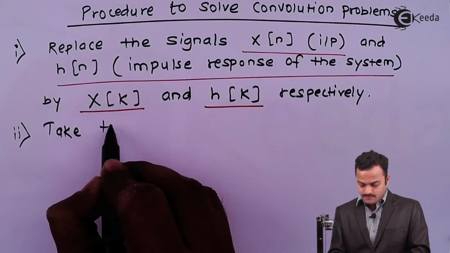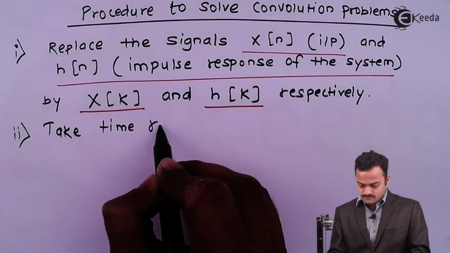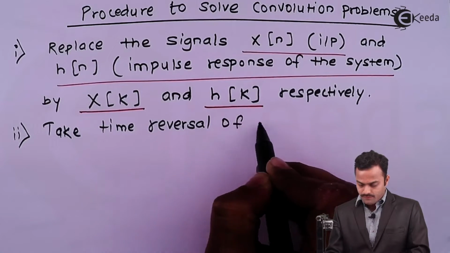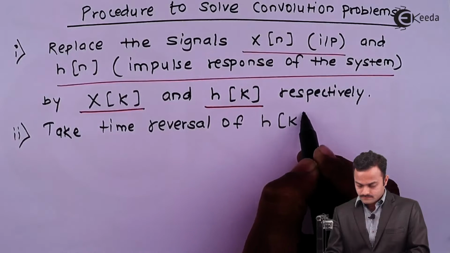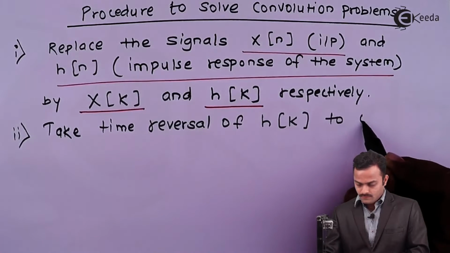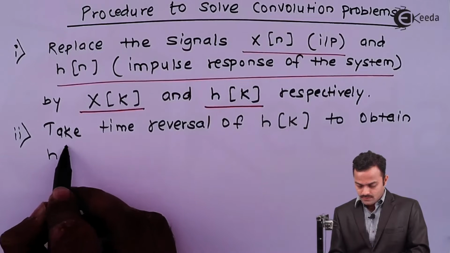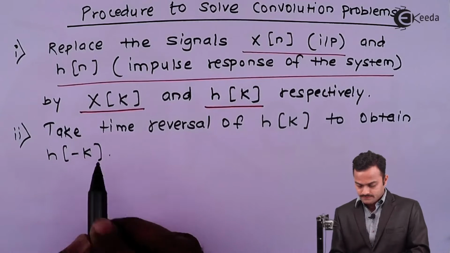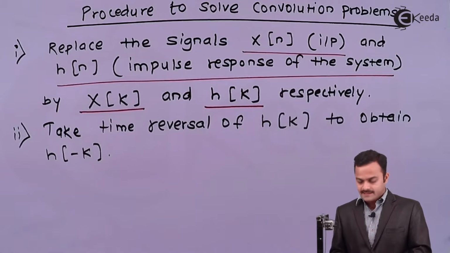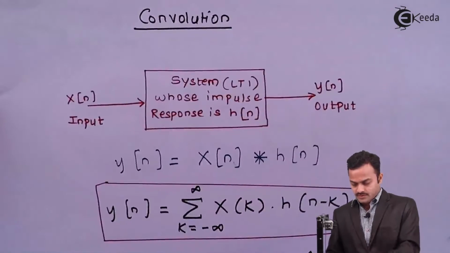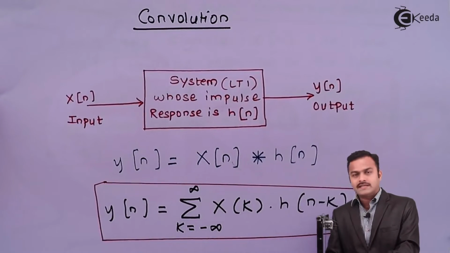So take time reversal of h of k to obtain h of minus k. The second step is getting h of minus k. So we have reached up to this h of k and h of minus k.